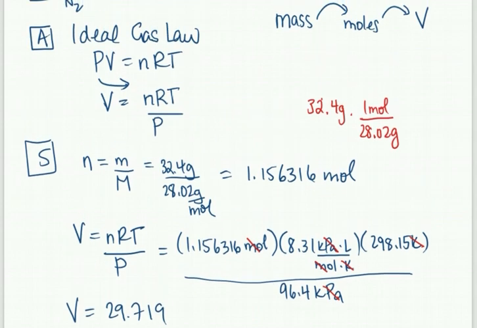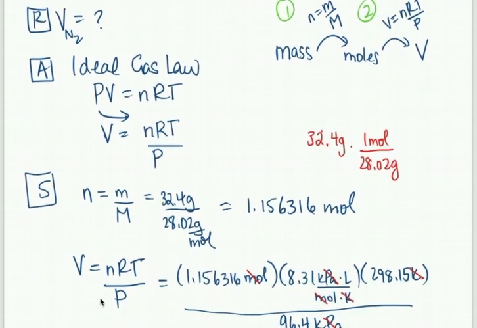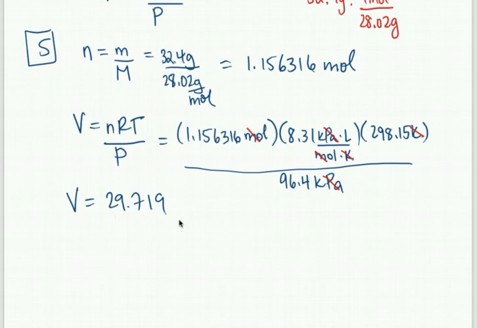Checking my sig figs here, I see 3 with the mass, 2 with the temperature, and 3 with the pressure, so we need 2. So we're just going to change this to 30 liters.